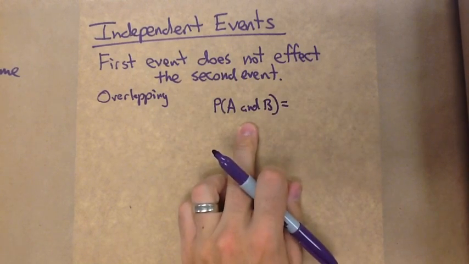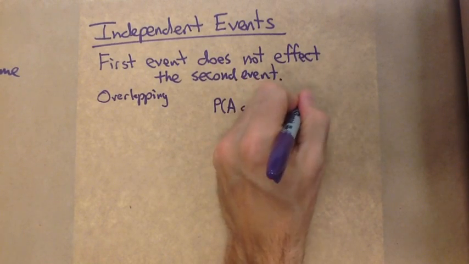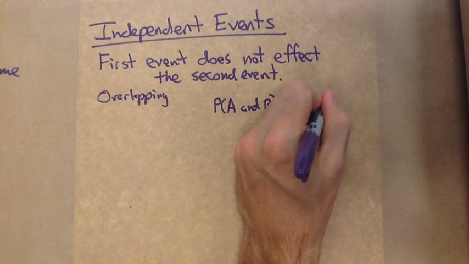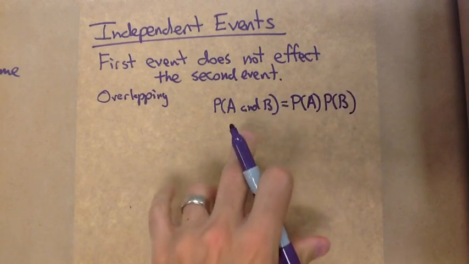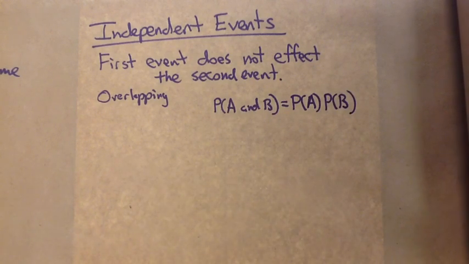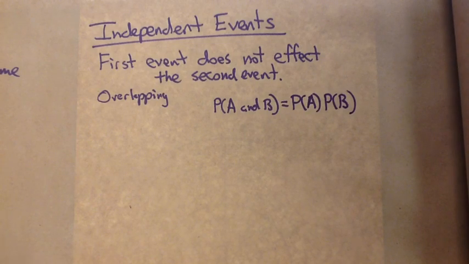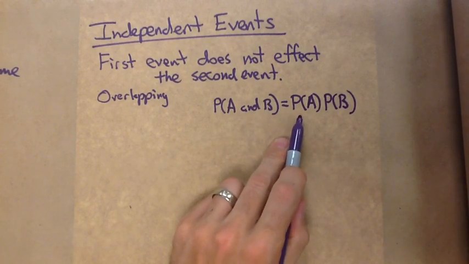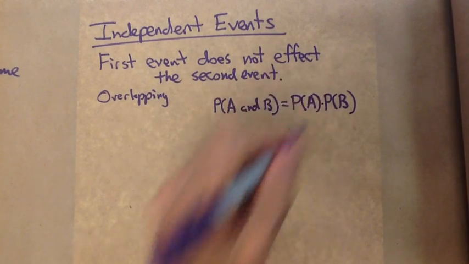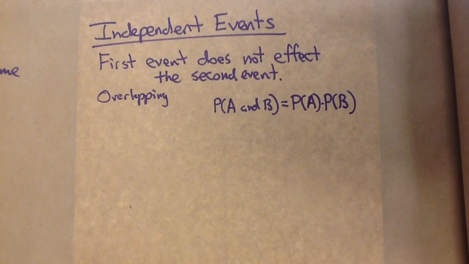And the probability of those occurring is the probability of A times the probability of B. Now this is the big difference to start off with between mutually exclusive. In mutually exclusive, the and is a 0. Here we're going to multiply the two probabilities.